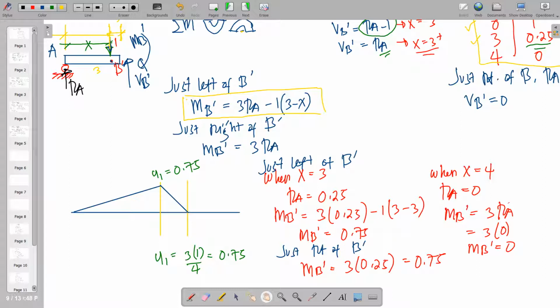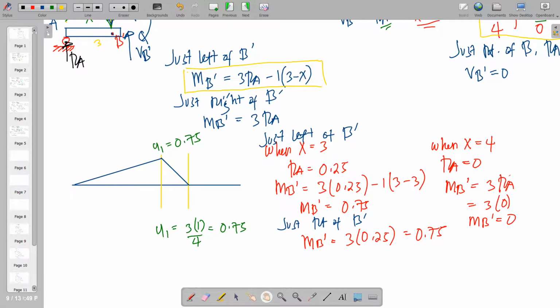And then for your MB prime, you just use this one, 3 times RA, 3 times 0.25 minus 1 times 3 minus 3. So this becomes 0. 3 times 0.25 is 0.75. And then just right of B, MB prime will always be equal to 3 RA.